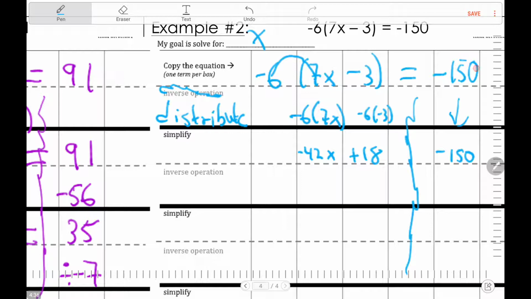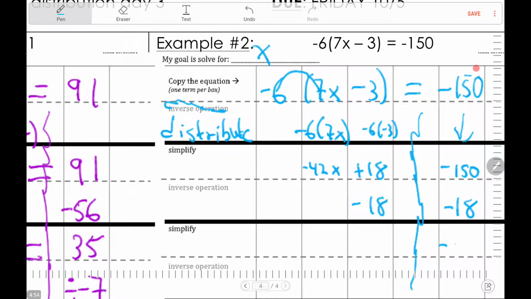Now, again, two-step equation. So we're going to subtract 18 from both sides. What's -150 minus 18? We're going to go even more negative.